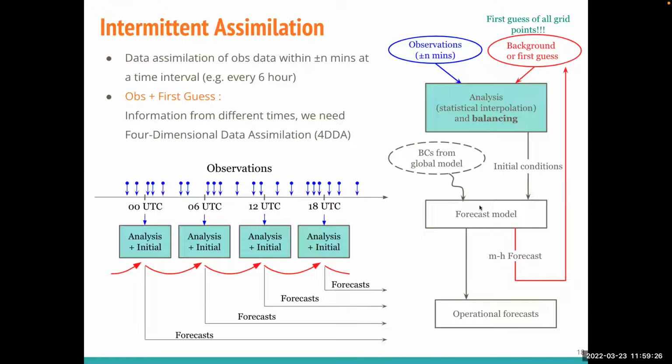You do all the dynamics here, and then you use that as operational forecast. And in the meantime, in the middle of your simulation, you will take this forecast output, the output of your model, and then put that back as the background, as the analysis. Okay, of course, you need to combine with the observation.